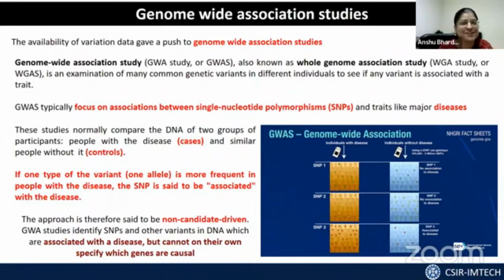Reason is association is not equal to causation. You may find SNPs which are associated with the disease. They might not be causing the disease as such. So GWAS will help you identify, at least shortlist, those candidates and then explore them deeper with respect to what is their role in disease manifestation.